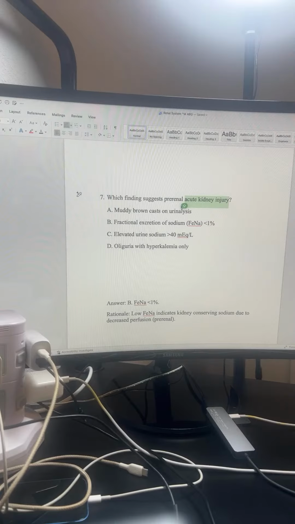All other answers are later findings in kidney injury. So look at the different types of kidney injury, and from there you'll be able to tell what is happening. Oliguria, this is where they're not making much urine. You have the elevation in the sodium, the muddy brown cast on urinalysis. So all of those are later on.